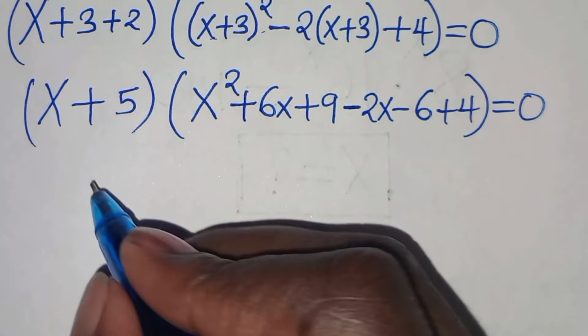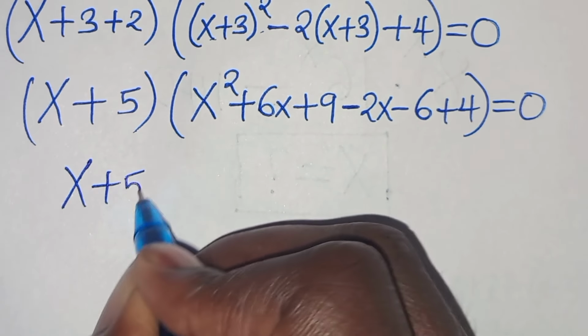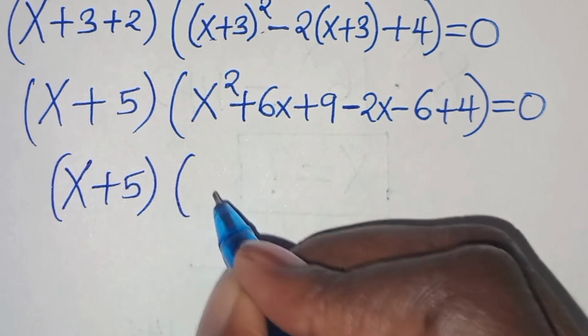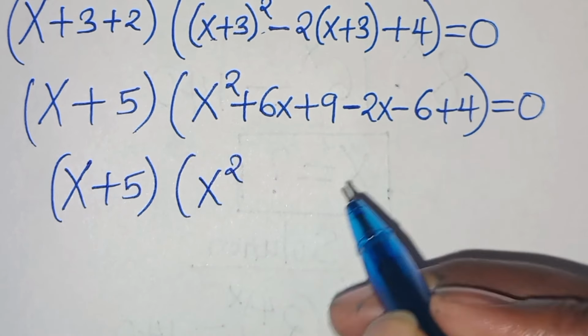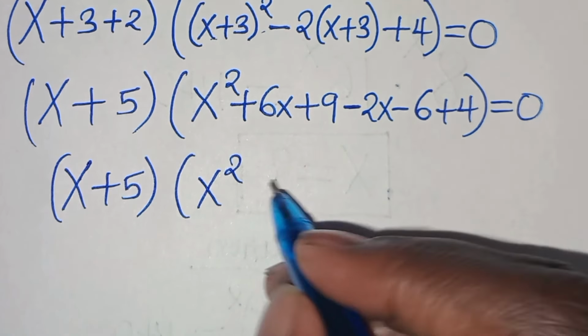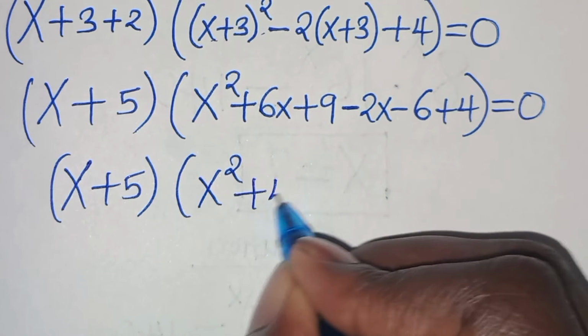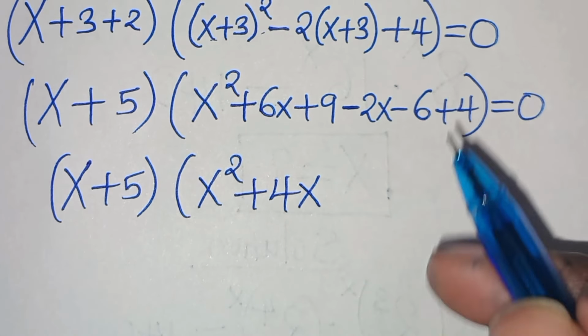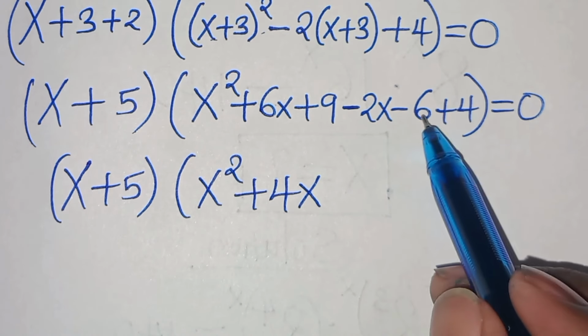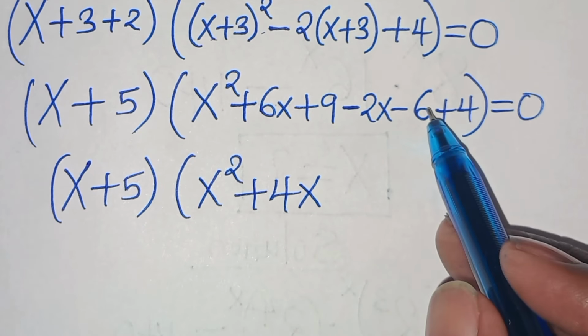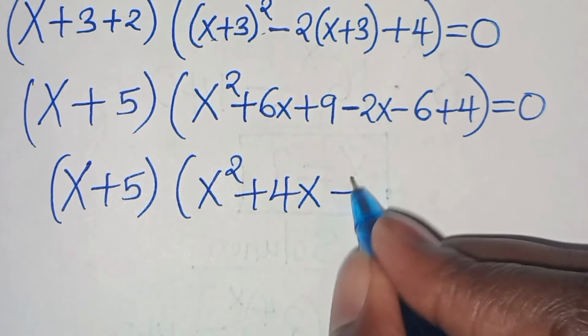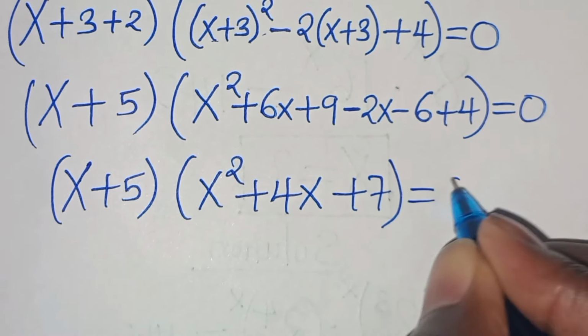So we have (x + 5) times the parentheses. This is x^2, we have 6x minus 2x, this is plus 4x, and then we have 9 minus 6, which is 3, then 3 plus 4, this is 7. So we have plus 7, equal to 0.